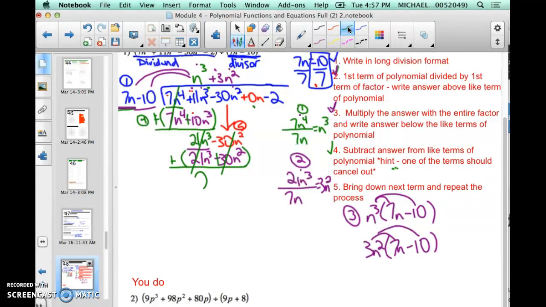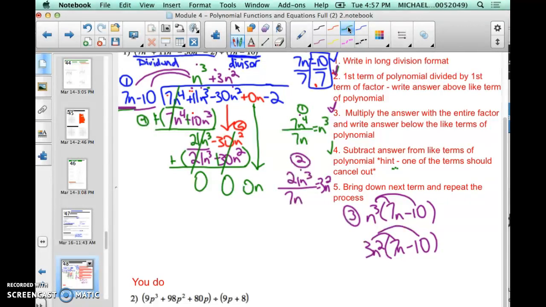So technically this was 0, this is 0. Now step 5 says to bring the next term down and repeat the process. But if you notice, the next term is just another 0, and you can't divide anything by 0. And so then finally, I didn't have to do any of those steps because it is just 0.